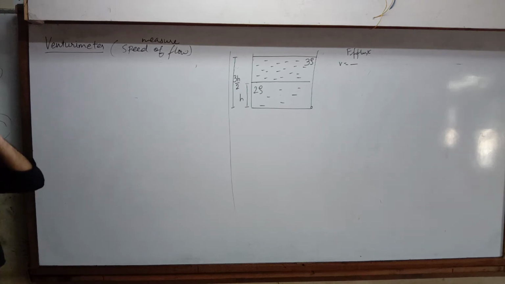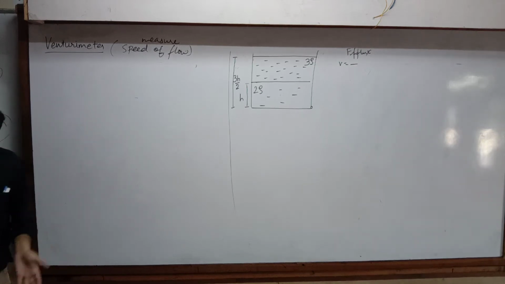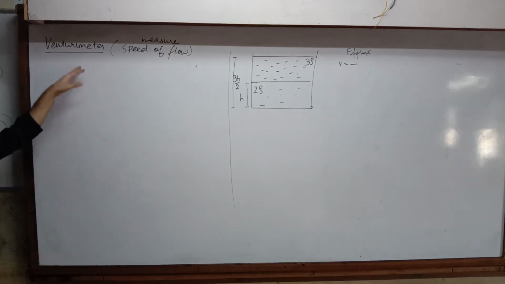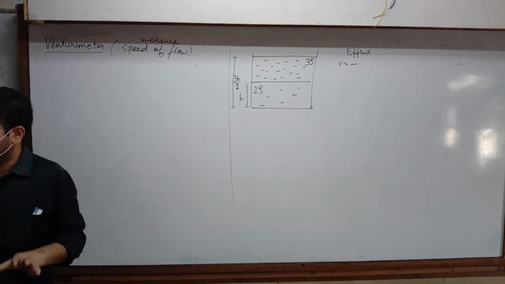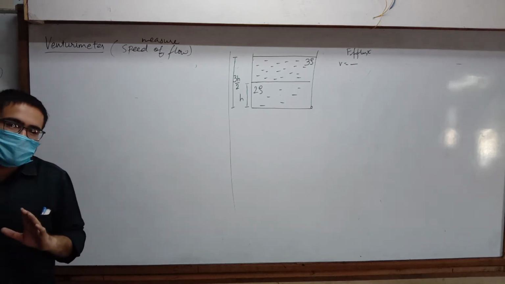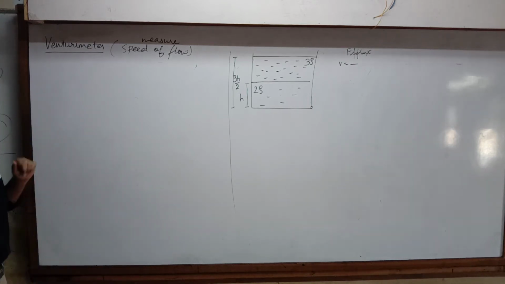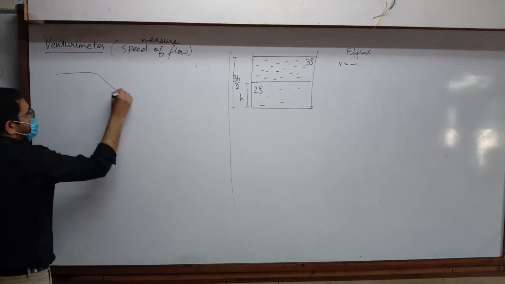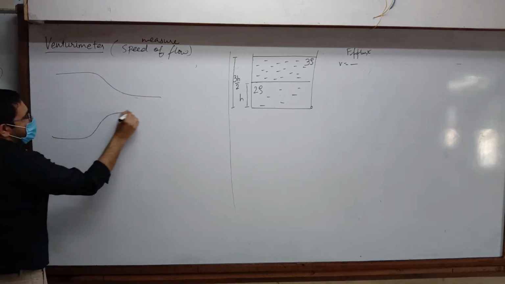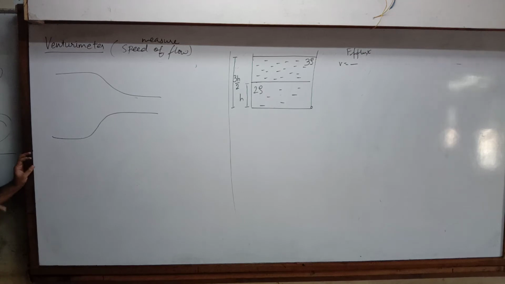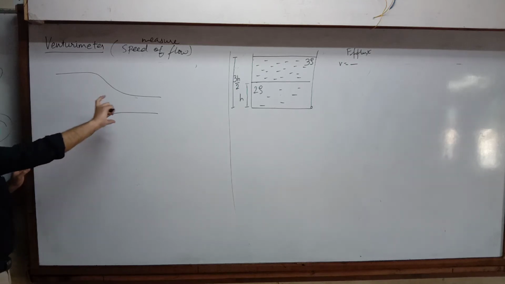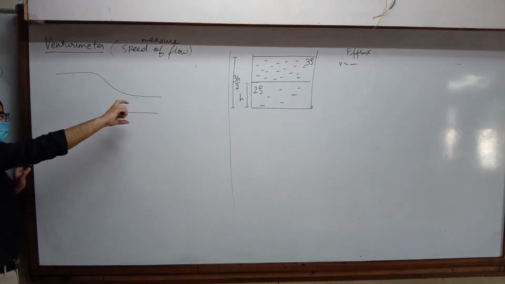Okay. So what principle is it based on? It's based directly on Bernoulli, of course. If you remember, we have solved questions like this earlier. That is exactly what a venturimeter looks like. There is a broader section and there is a neck, which is narrow.